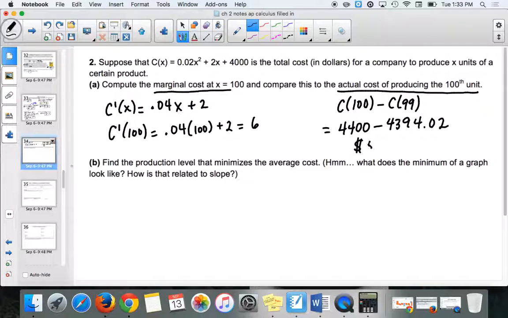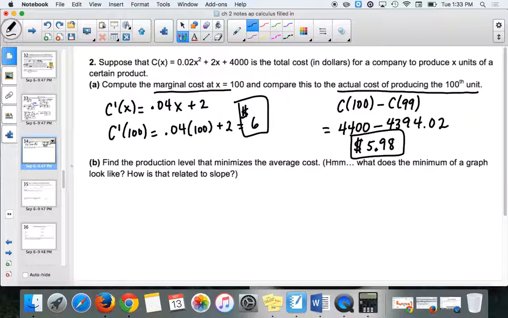So we end up getting $5.98. Which one was faster and easier to do by hand? The first one, right? So that's why we use our marginal cost. It's just faster. You can do spreadsheets and so on to find the actual cost of producing the 100th unit, but it's just faster to use something that's 1 degree less. Derivative's always 1 degree less.